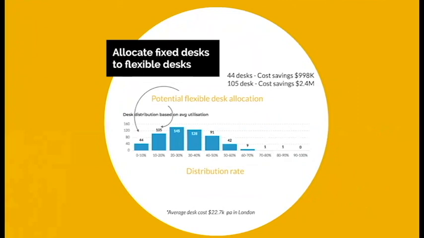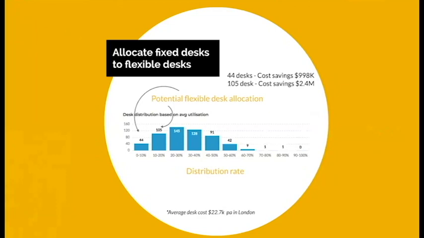As in this example, there are 44 desks in this particular office that have utilization between 0 and 10%, and 105 desks that use between 10 and 20%. This is a very typical bell curve within a single office, and the average is between 30 and 40%. That means most of the time people are running around having meetings, but they're not always sitting at their desk.